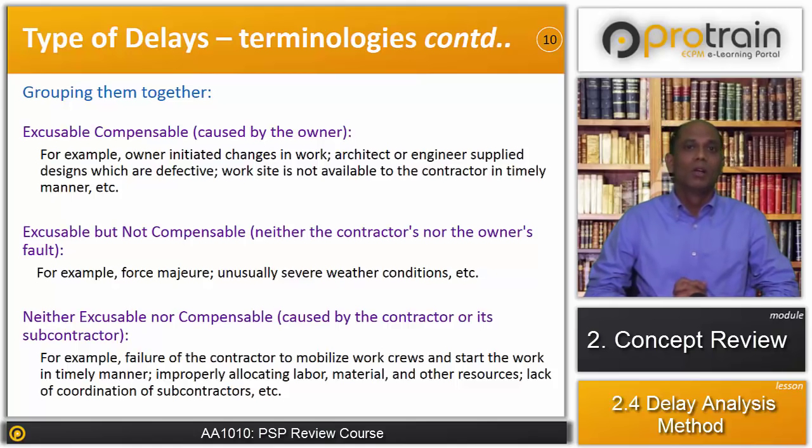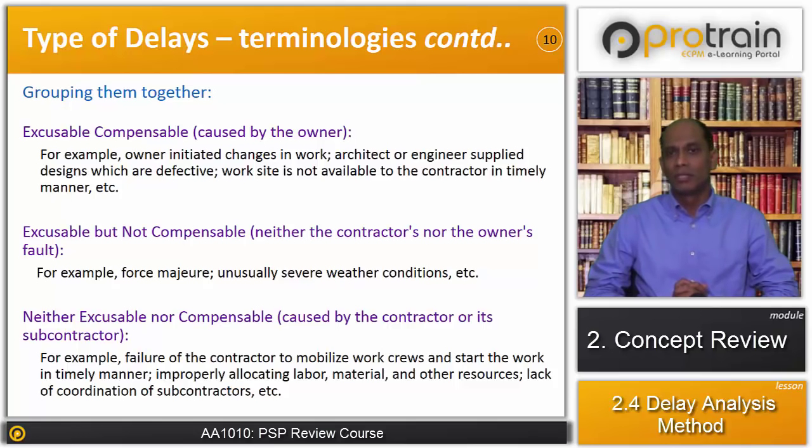For example, owner-initiated change in works, architect or engineer supplied design which is defective, or work site not made available to the contractor in a timely manner. For all such acts of delay which are grouped in excusable compensable delay, the owner is obliged to pay compensation to the contractor as well as grant an extension of time.